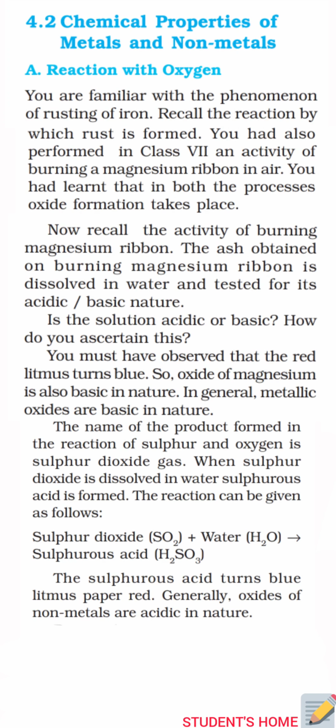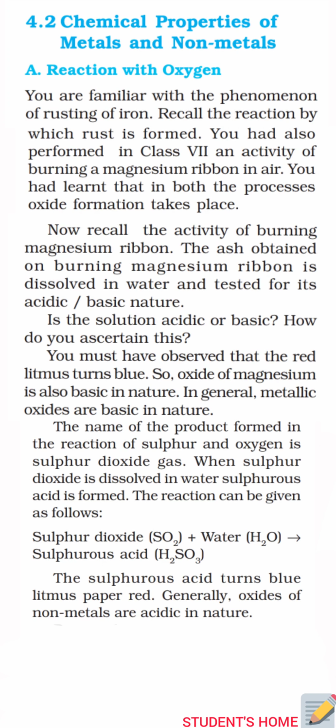Now, let us observe the reaction of non-metals with oxygen. Here, the product formed in the reaction of sulfur and oxygen is called sulfur dioxide gas. When sulfur dioxide is dissolved in water, sulfurous acid is formed.